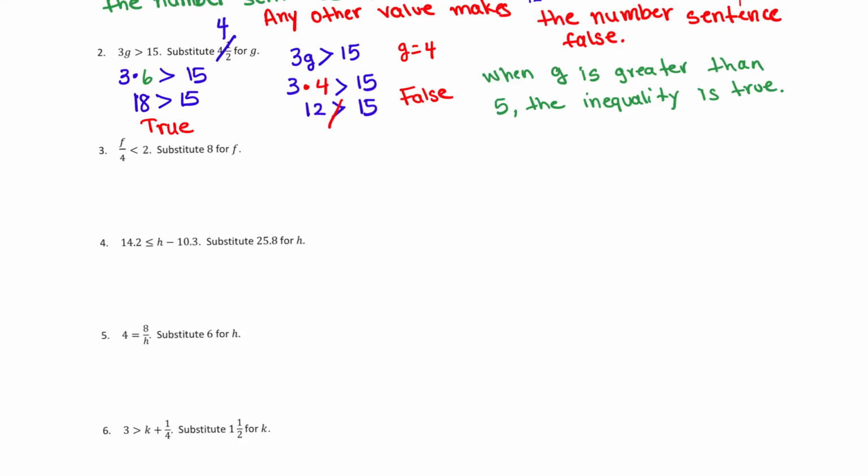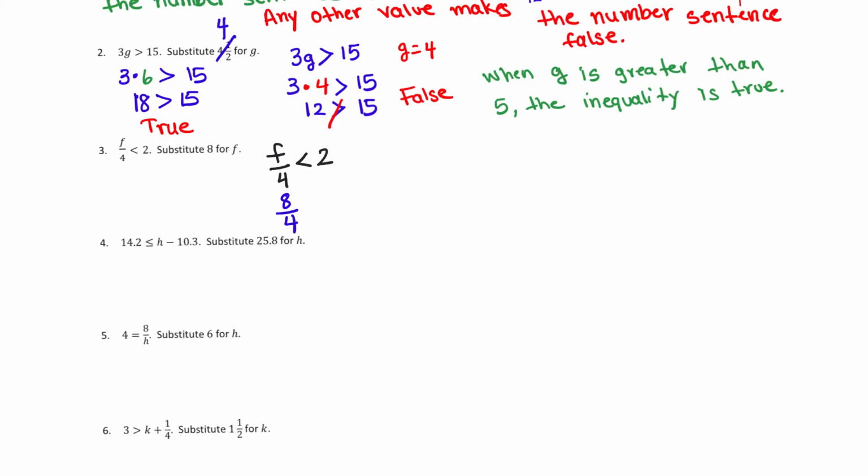Let's go ahead and do number 3. F divided by 4 is less than 2. Substitute 8 for f. Okay, let me see if I can do a different color here. So we're going to do f divided by 4 less than 2, and we're saying that f equals 8, so 8 divided by 4.